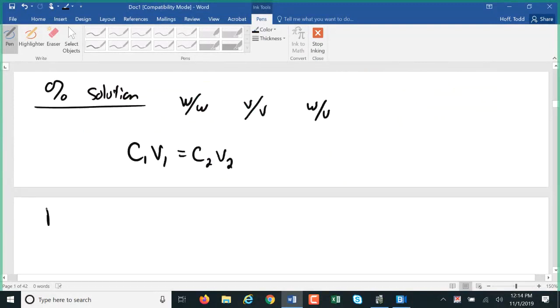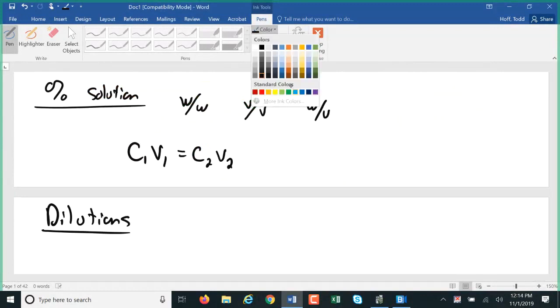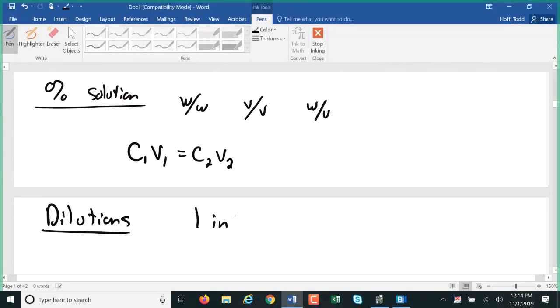And of course, dilutions is huge. We spent the first class and a half basically on dilutions for this unit. Remember a dilution? I have a 1 in 5 dilution. That means 1 part serum, 5 parts total solution.